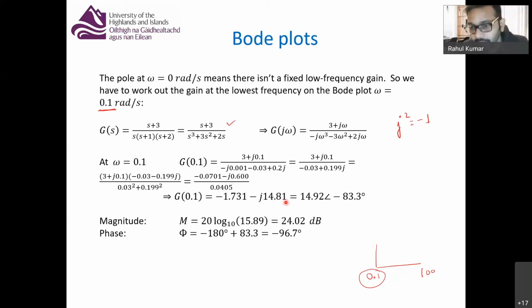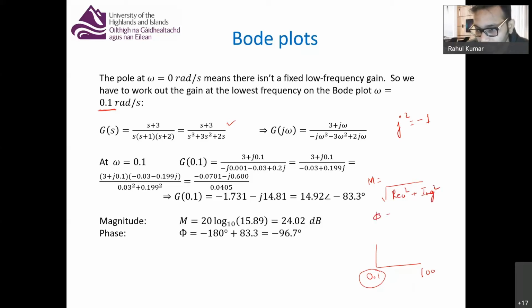Again, you can either draw the phasor diagram or use the Pythagoras theorem: to find the magnitude, you take the square root of the real part squared plus the imaginary part squared.